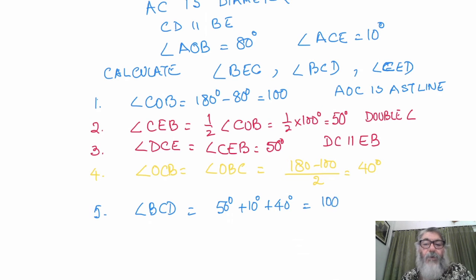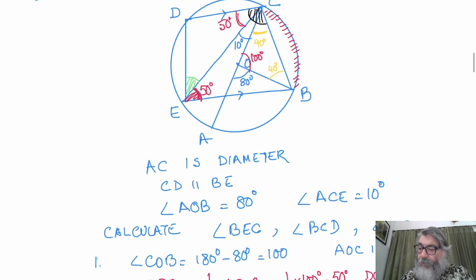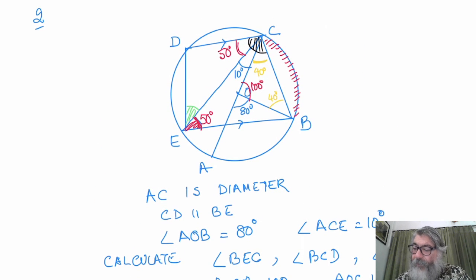This is the sum of all the three parts. The complete angle is the sum of the three smaller parts which we calculated: 50 plus 10 is 60, plus 40 is 100.